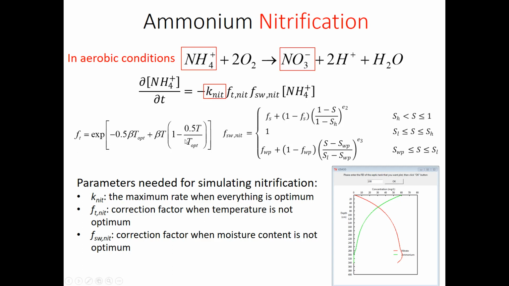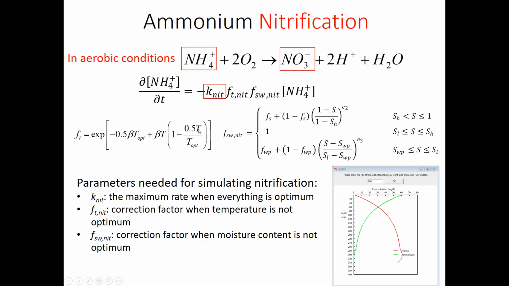But in real cases these conditions are not optimum. The rate may depend on temperature, and it may also depend on the soil water content. If it's too hot, the bacteria may not be active. If it's too cold, it may not be active either. So we have a correction factor that takes into account the temperature impact.